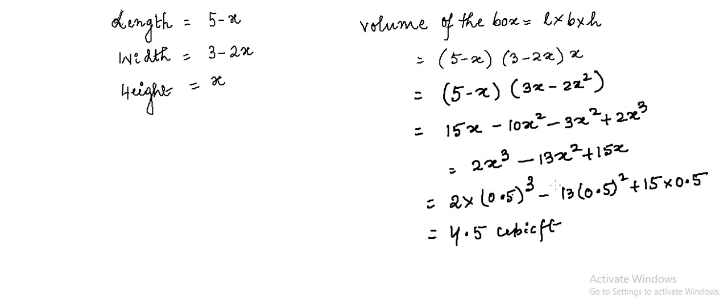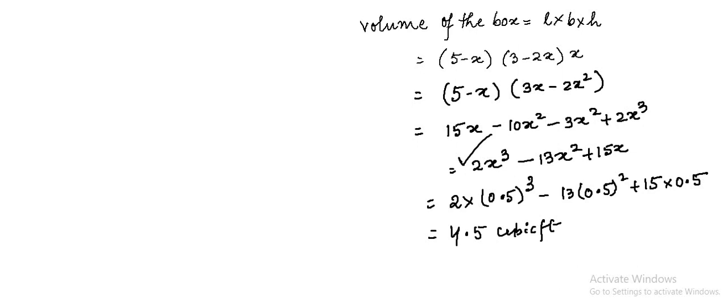Let us divide this given expression by 5 minus x, and let's obtain whether this is the at most soap that we are going to get or not. So let's divide it. This gives 2x cube minus 13x square plus 15x divided by minus x plus 5.